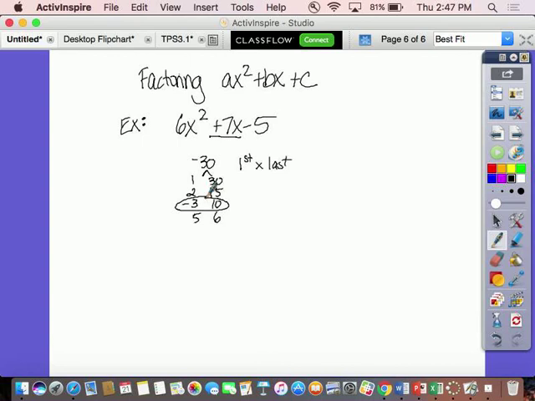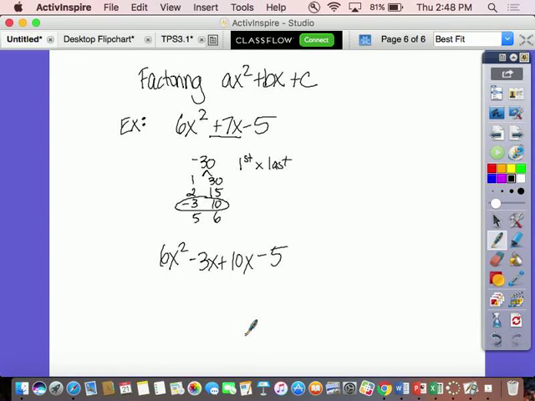So I'll keep the 6x squared, I'll keep the negative 5, but in place of the 7, I'm going to write negative 3x and positive 10x. Now I have 4 terms, and now I can group.